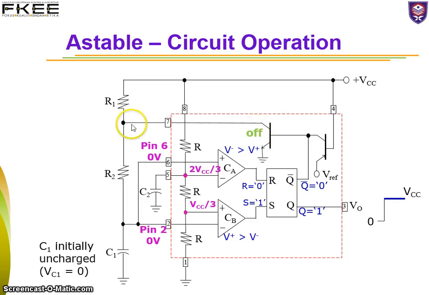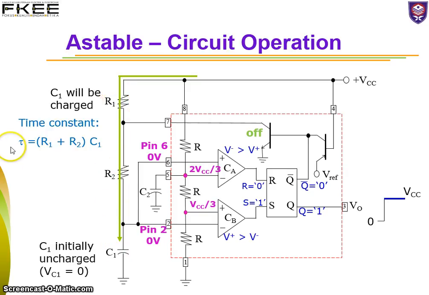So now there is no path from pin 7 to the ground. At this moment you will be charging your capacitor C1 through the path from VCC through R1 and R2. So your time constant tau will equal (R1 plus R2) multiplied with C1.